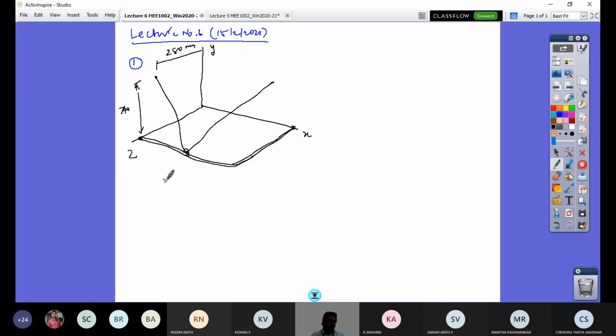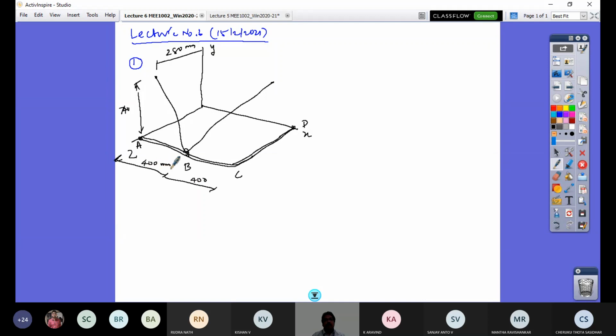And the length of this member, for convenience, let's name this point A, this point B, this point C where the bend is, and this point D. So the lengths AB and BC are 400 mm respectively.